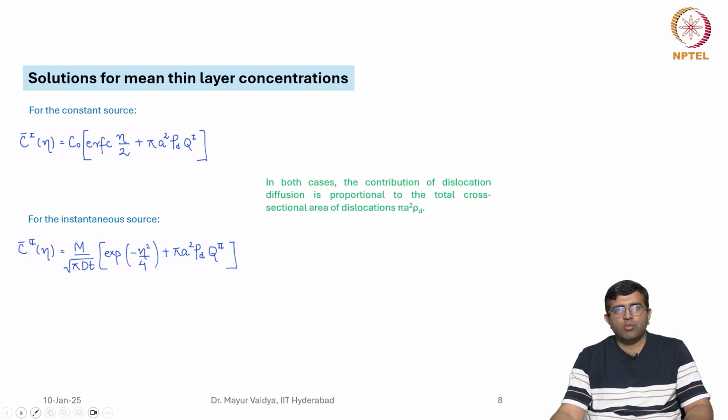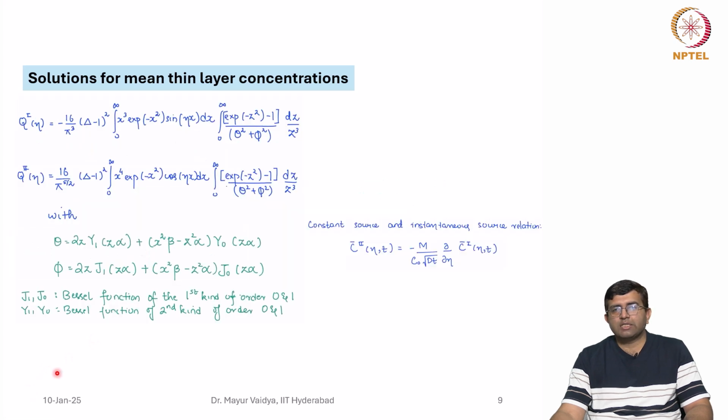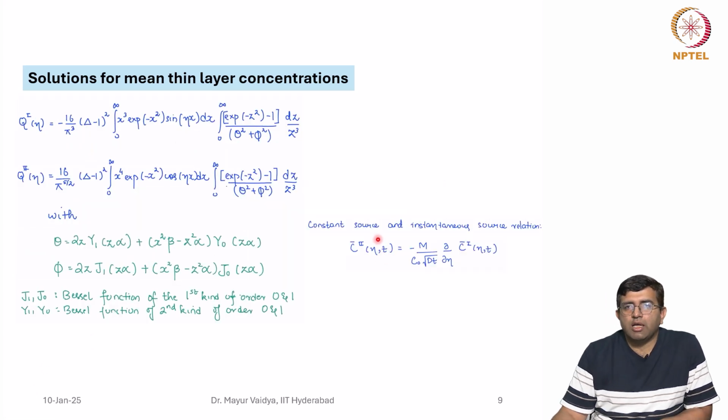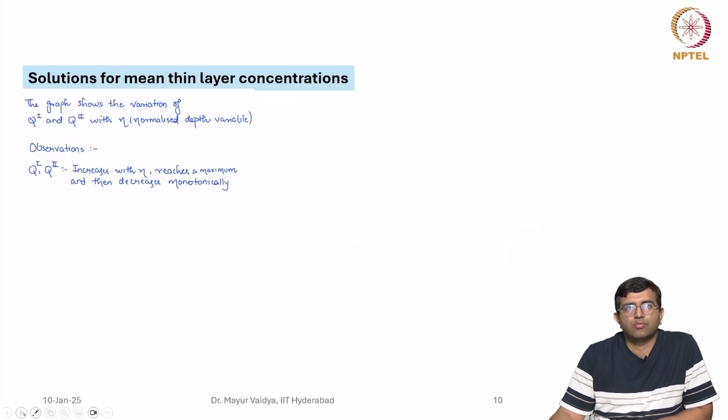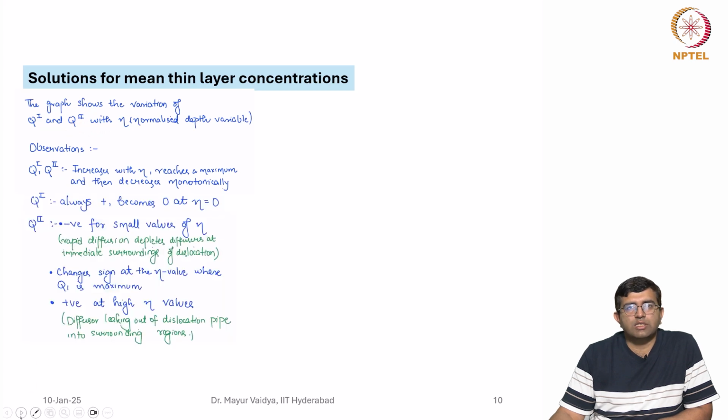So, you will be able to at least have some kind of a relation between a constant source and the instantaneous source condition. Although the equations are fairly complicated, you can just see these features.